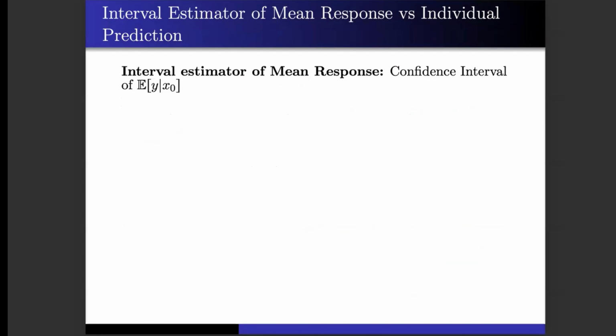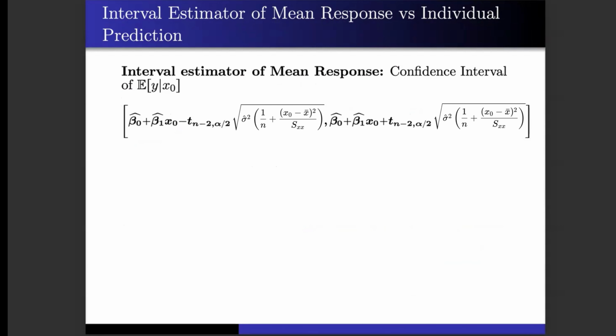Perfect. And now let's talk about the interval estimator of these estimates. When we talk about an interval estimator of the average value of y, we call it the confidence interval of the expected value of y given x naught. And we have seen that the confidence interval is beta naught hat plus beta 1 hat x naught minus the critical point times the standard error of that estimate, comma, beta naught hat plus beta 1 hat x naught plus the critical point times the standard error of the estimate.